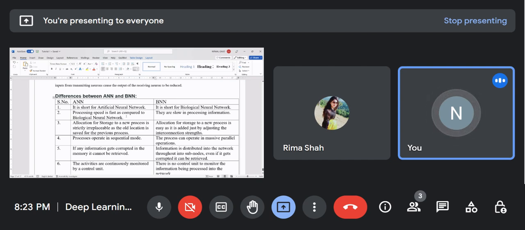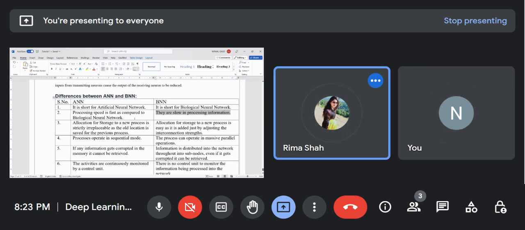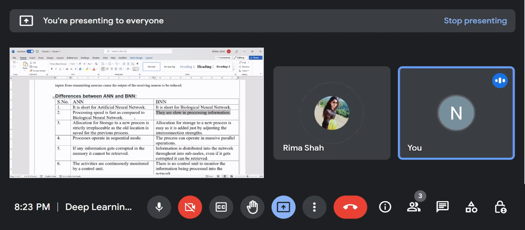ANN processing is fast as compared to the biological neural network. However, BNN processes the information slowly. Why is ANN faster than BNN? What could be the reason? Why can the artificial neural network be faster?